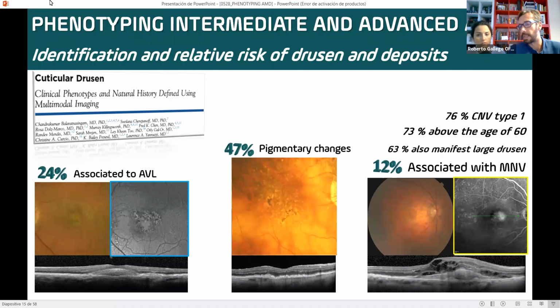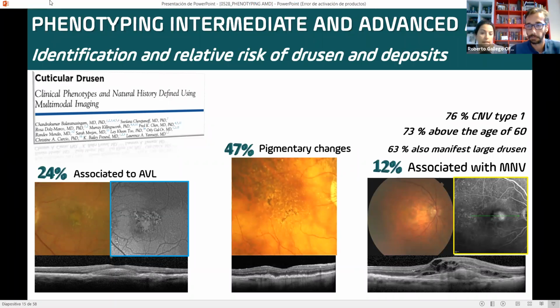But you know, when you discuss patients with cuticular drusen, I have the feeling that they are not that bad. But you're showing that cuticular drusen should be taken into account, right? They are not that bad when they are 30 or 40. But when they get older, they have AMD normally.